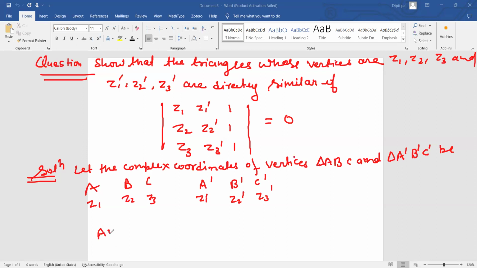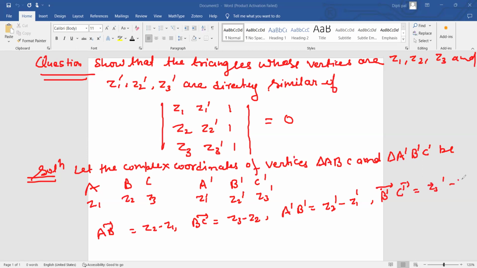Now AB will be Z2 minus Z1, BC will be Z3 minus Z2, A dash B dash will be Z2 dash minus Z1 dash, B dash C dash will be Z3 dash minus Z2 dash.